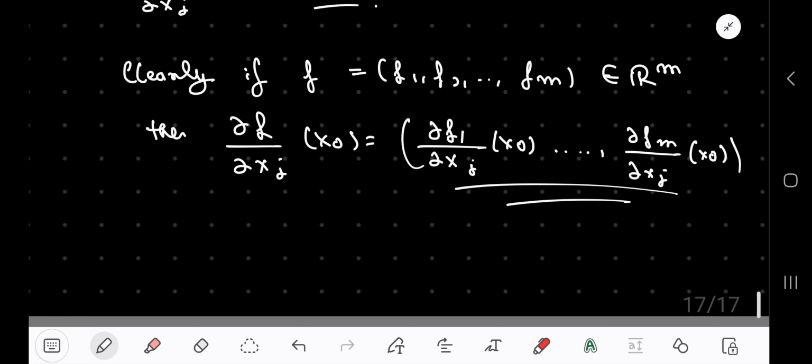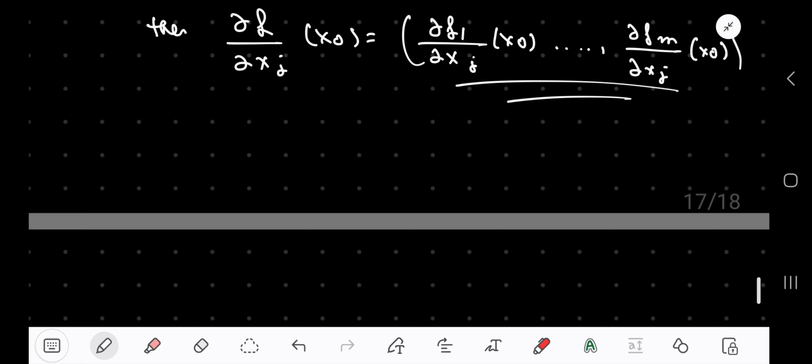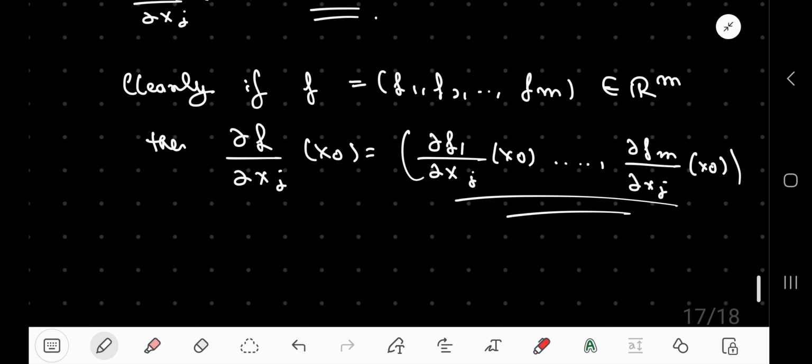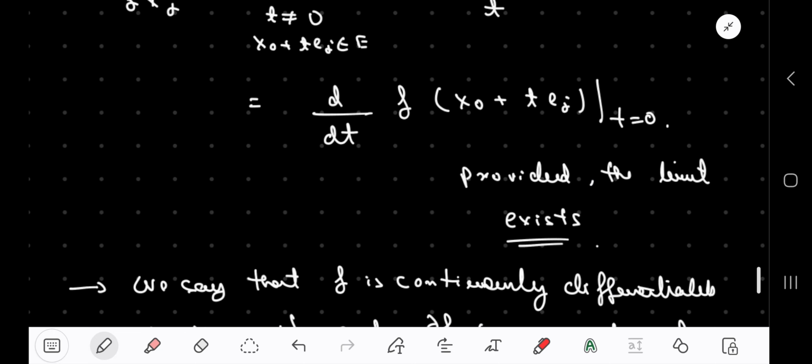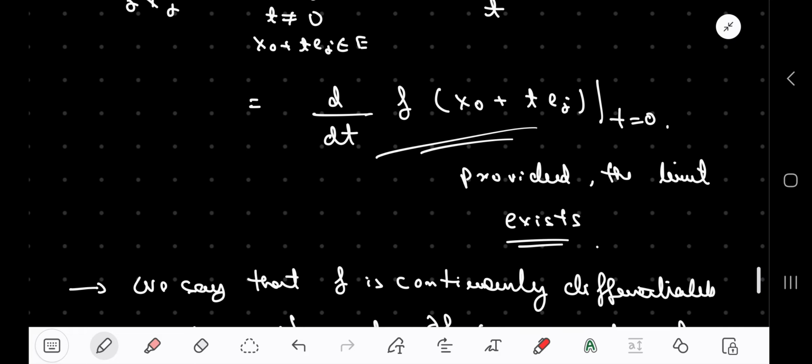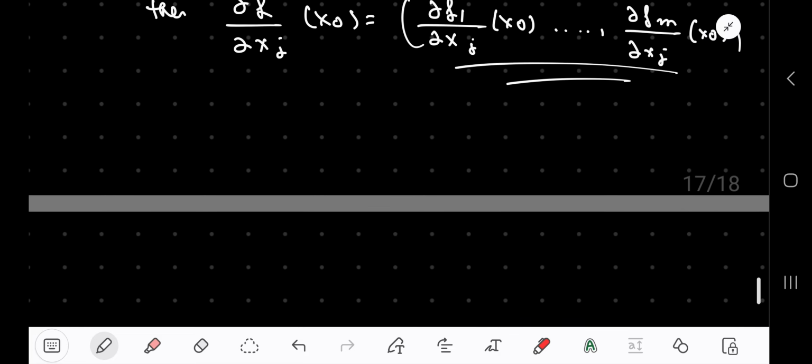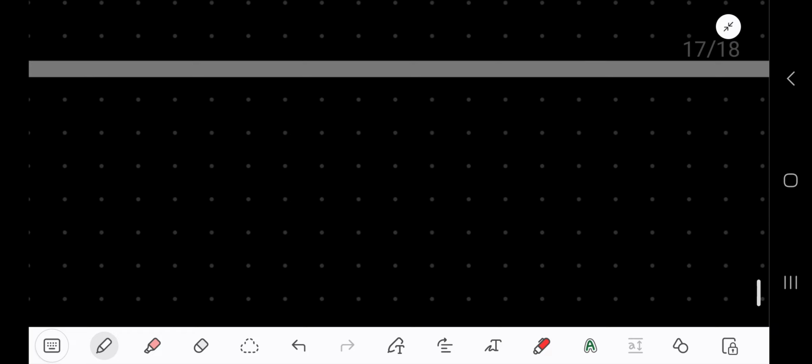Each of these fi's is a real valued function, right? And here the symbol which we used, d dt, will be well defined once we consider the components. Therefore we can observe that to differentiate a vector valued function, one just has to differentiate each of the components of that function. Is it clear?